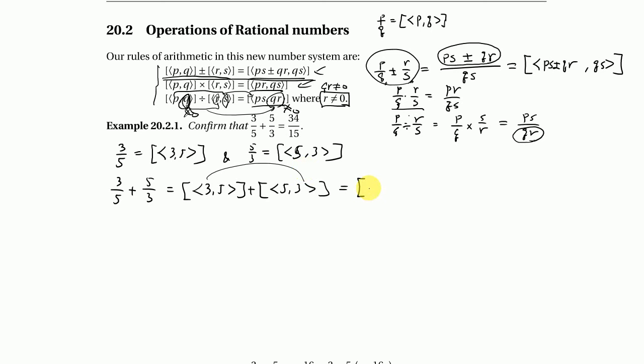P and S. So it's 3 times 3, and it's addition, so it's plus the inner ones Q and R, so 5 times 5 for the first term, and the second term is just multiplying the second terms only, so it's going to be 5 times 3.